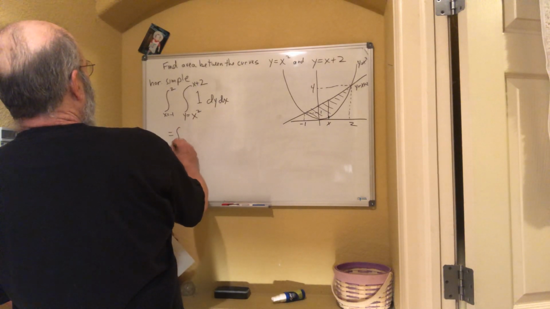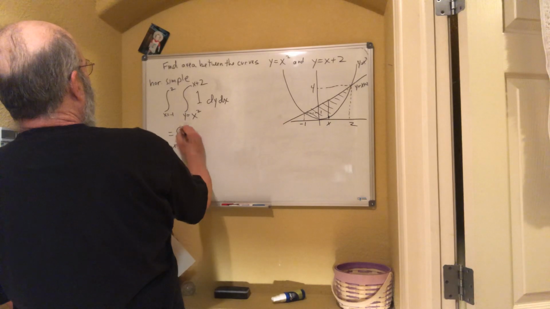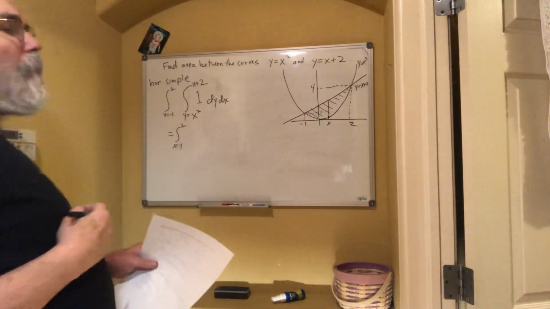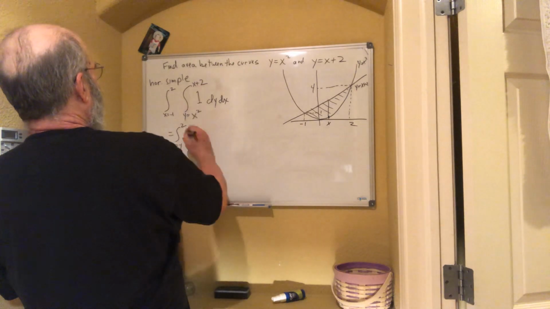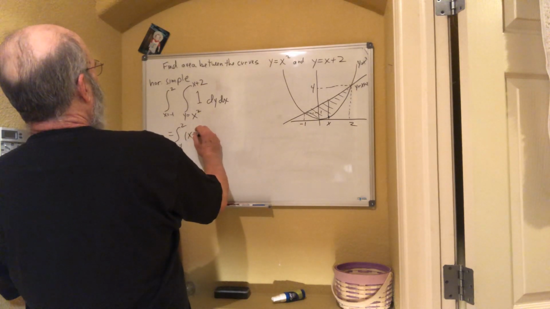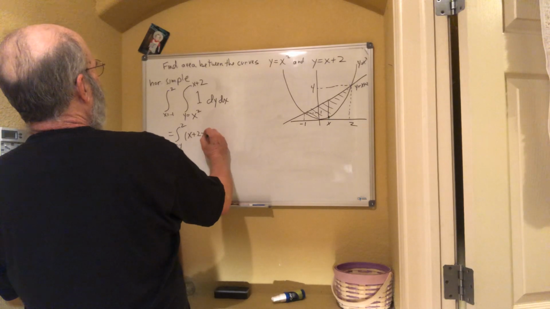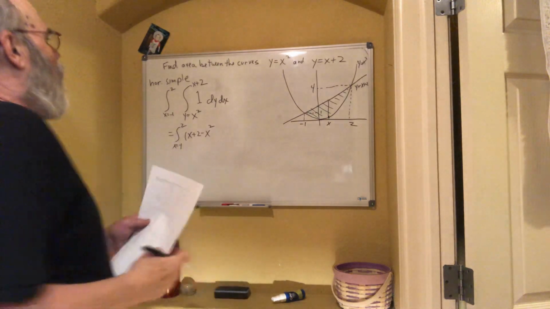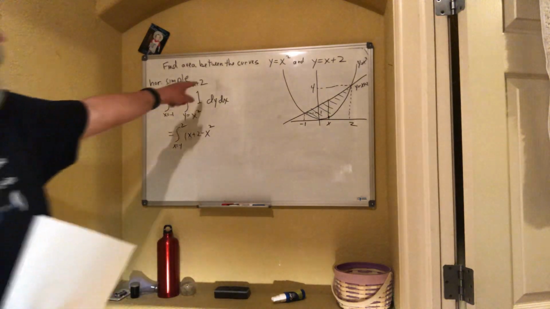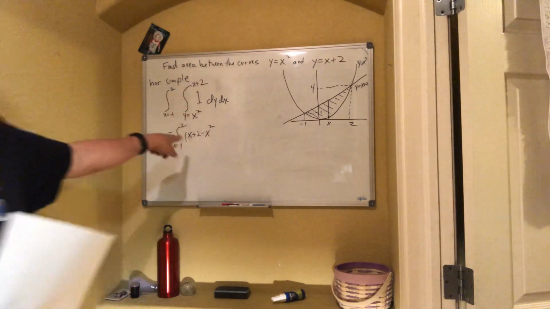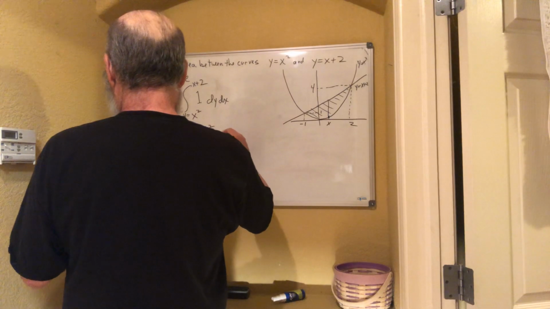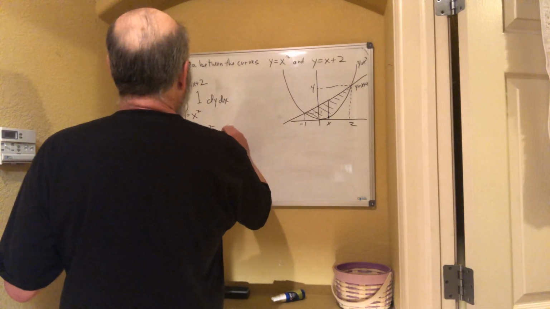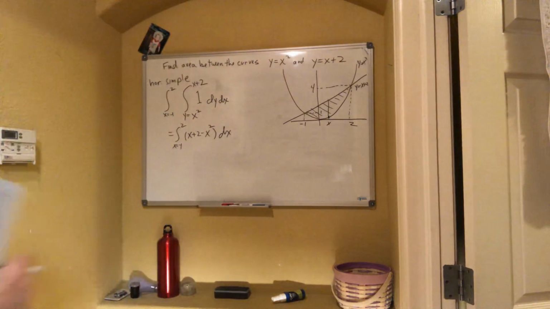The outer integral stays for a while, so x is minus 1 to 2. Then what I'll have here is x plus 2 minus x squared, because that's basically that number minus that number. So that's the answer to the inner integral, and I now have to integrate that over dx.